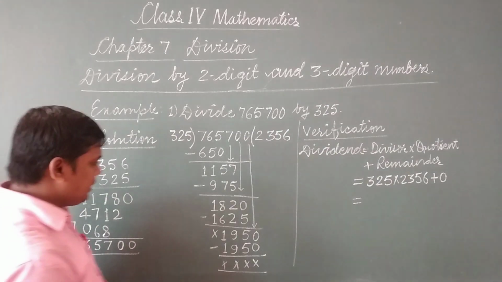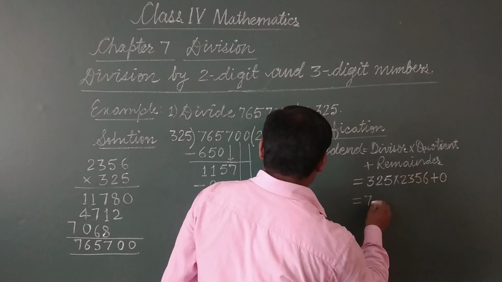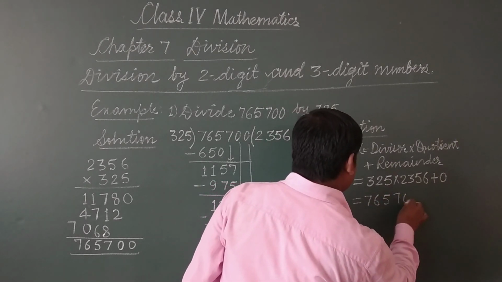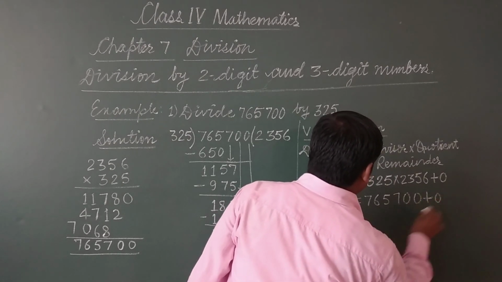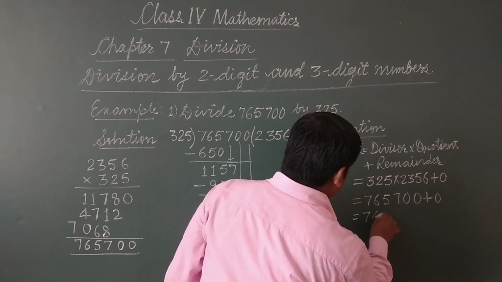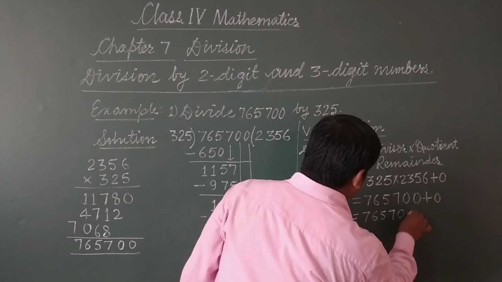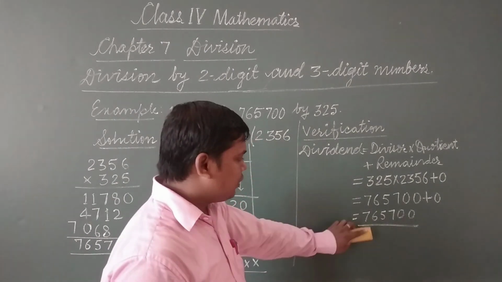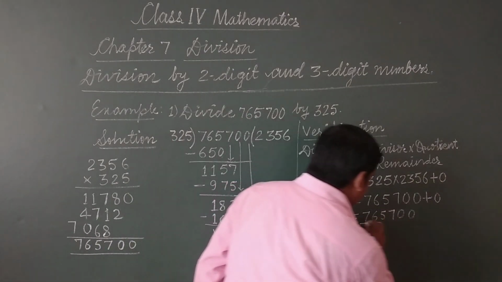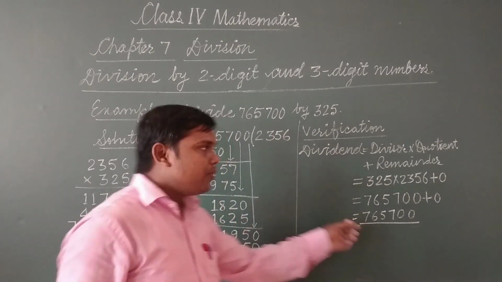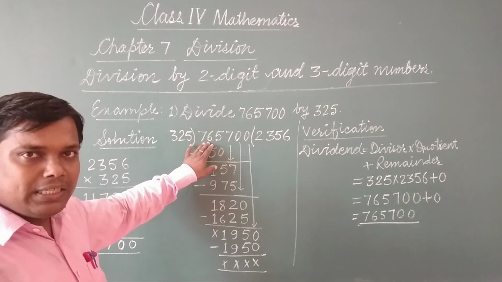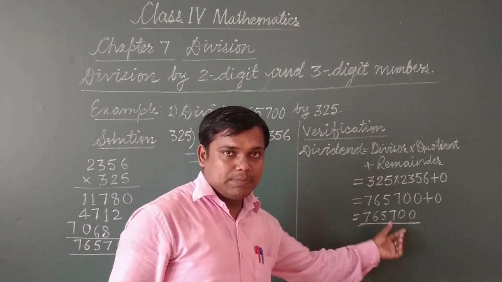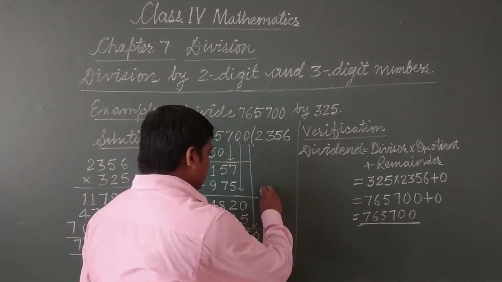So we write here 7,65,700 plus 0, and you can match this with your dividend. Our dividend is equal to this number. It means our division is correct.